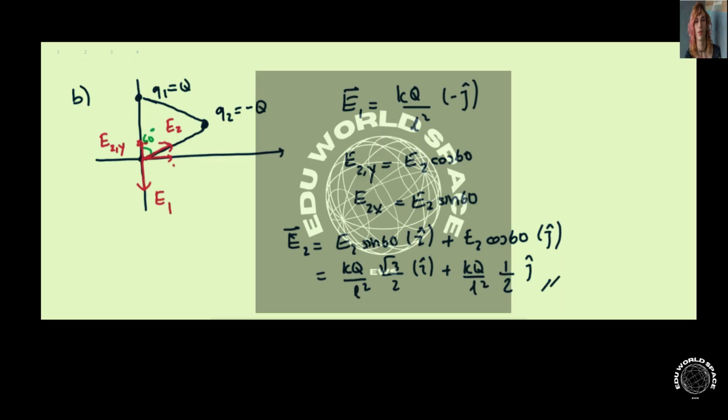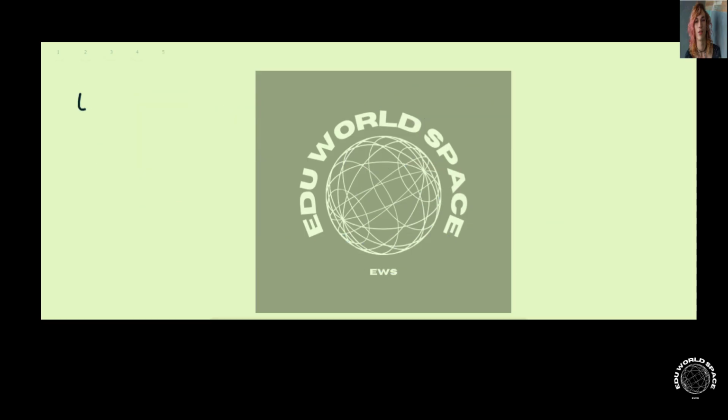So this is our E2 vector. The first one is E1. Again, the net electric field is the summation of these two individual electric fields at the origin, right? So E equals E1 plus E2.